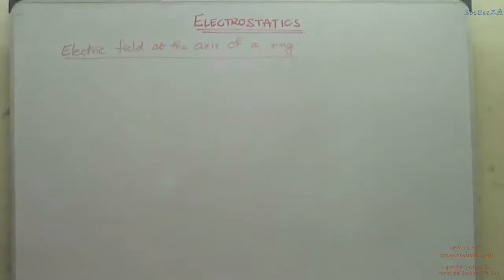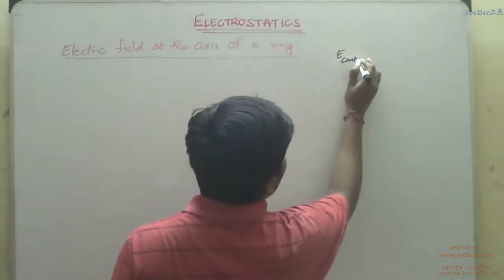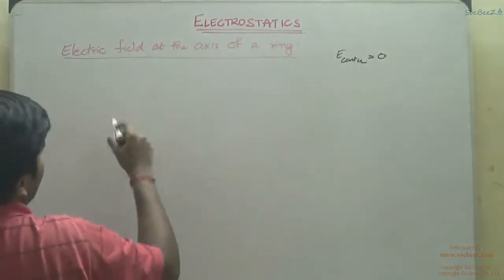Note that earlier we told that the electric field at the center of the ring is equal to 0. Now what do I mean by this?